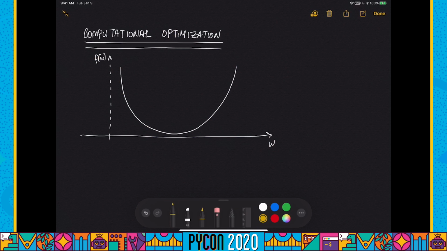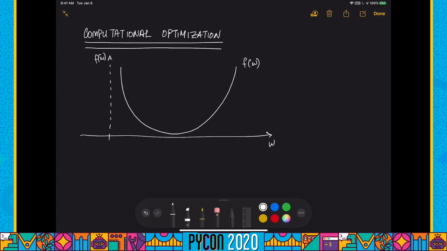So, what do we mean by computational minimization, or more generally speaking, computational optimization? What we mean here is to use information about the derivatives of a function, that function being the one that we want to optimize, to perform this optimization. Let's look at this pictorially to help us gain an intuition.